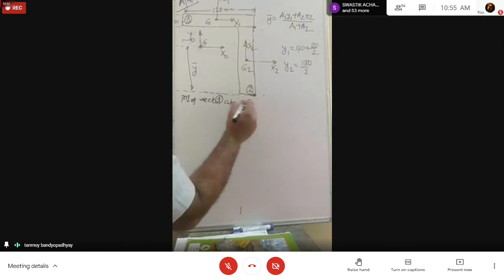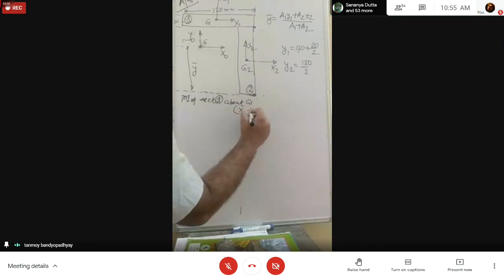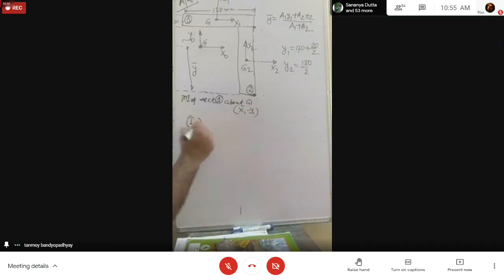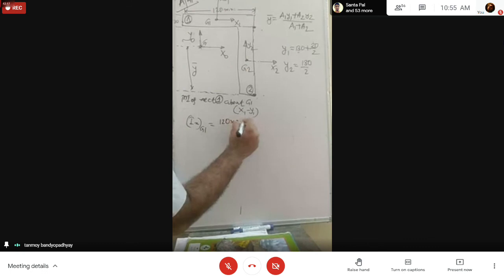So this is your about x1 y1, so Ix g1 should be equal to bd cube by 12. Base is this one, 120, so b into d cube divided by 12.